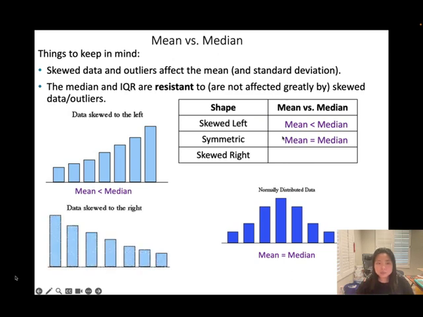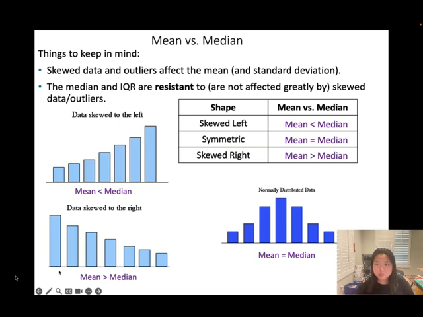Okay, last one. Skewed to the right, where the right tail is longer. Again, the median should be close to the typical value here, and the mean is pulled a little further toward the tail than the median. So in this one, the mean is going to be greater than the median. The mean is going to be here, the median is going to be here.